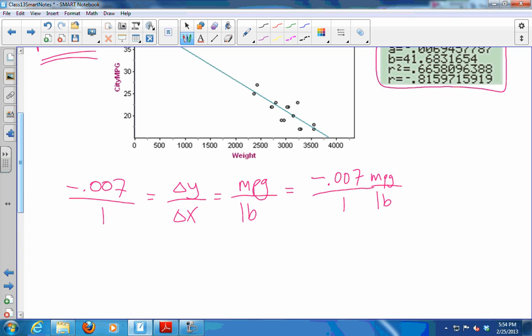So shave off seven thousandths of a mile per gallon every pound you increase the weight.